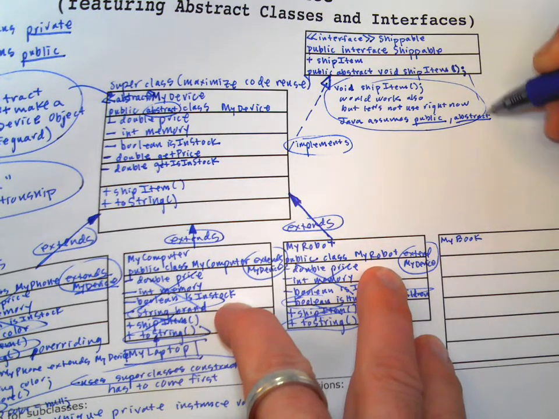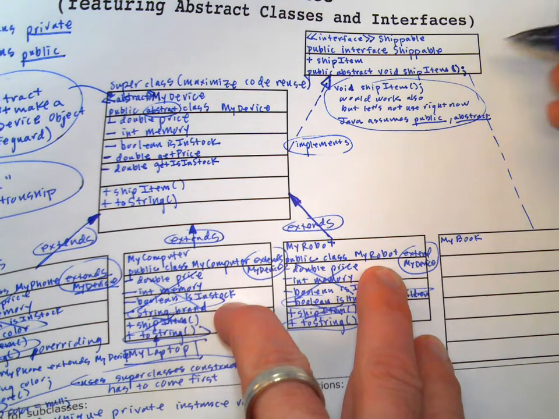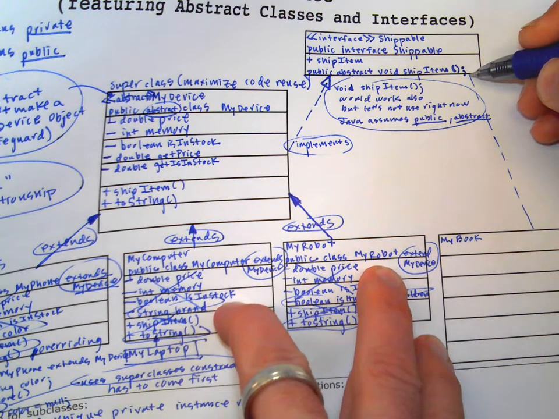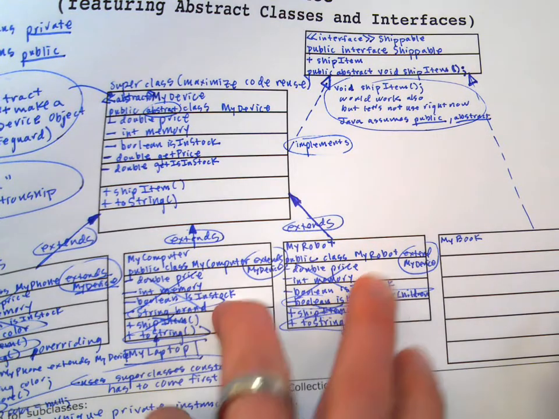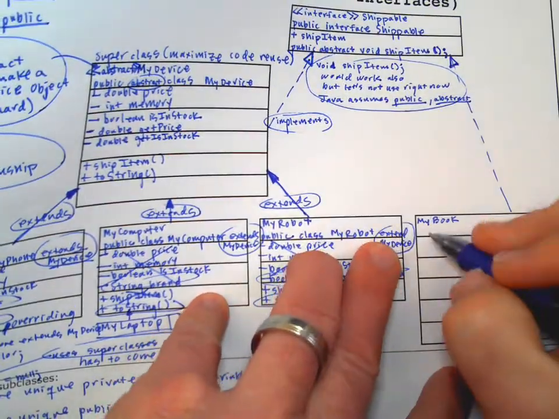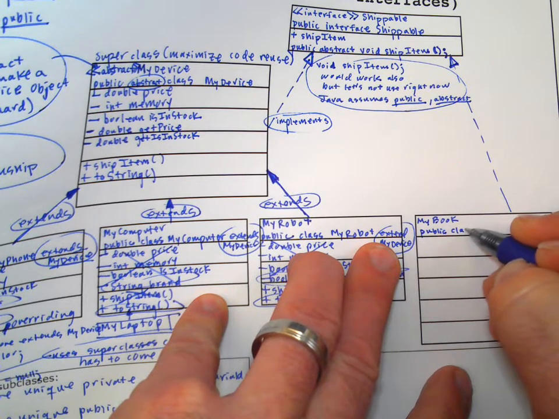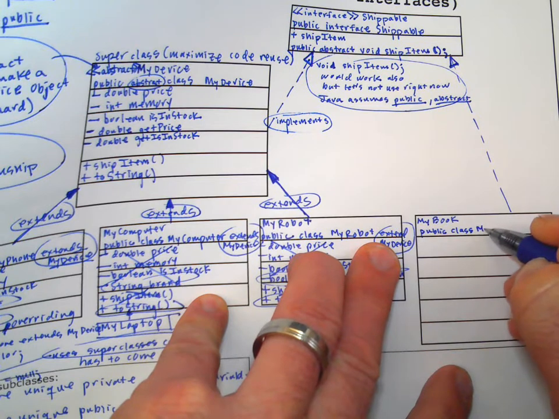Now for P5F, you're going to start with, you're going to open up your P5D program and save it as P5F, because a lot of stuff is going to be the same. Like all this stuff is going to still be there. You're going to add this public class myBook.